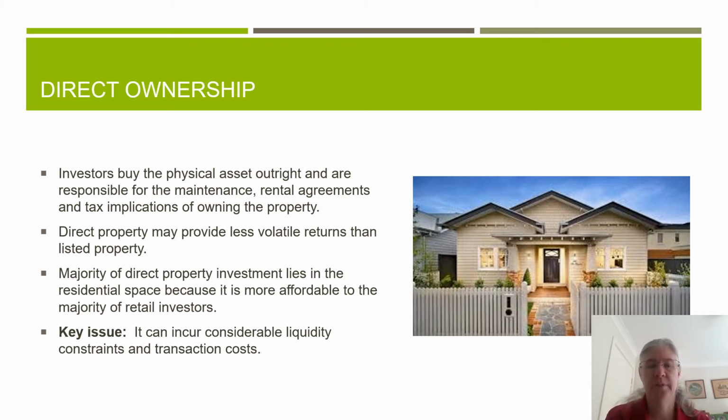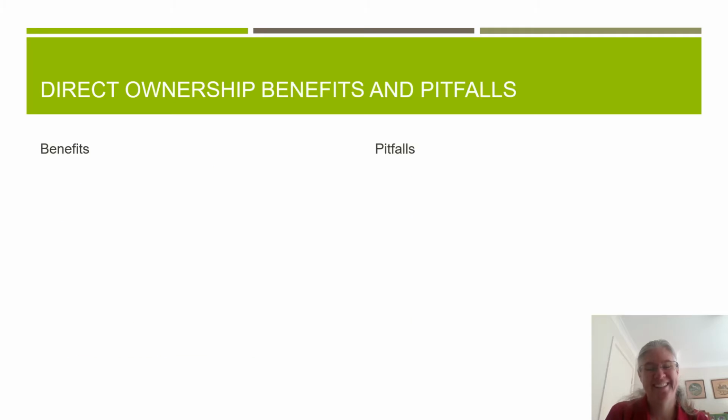So for most people, this is the cheapest option. However, it does require a considerable amount of cash. So it will use a lot of your funds up. There are liquidity constraints and transaction costs. So yeah, it will strongly impact your liquidity.